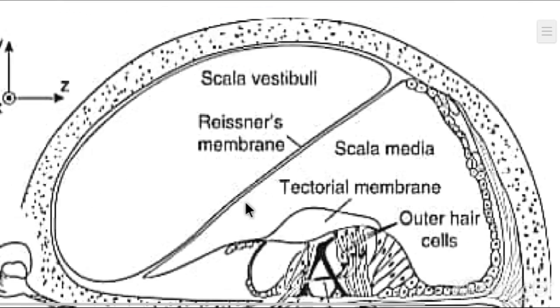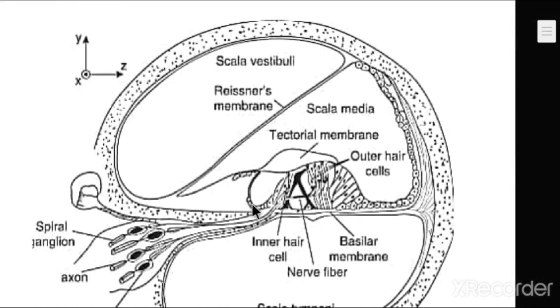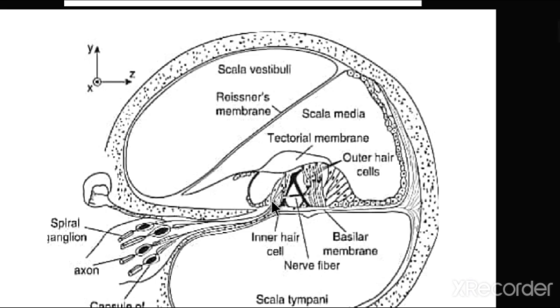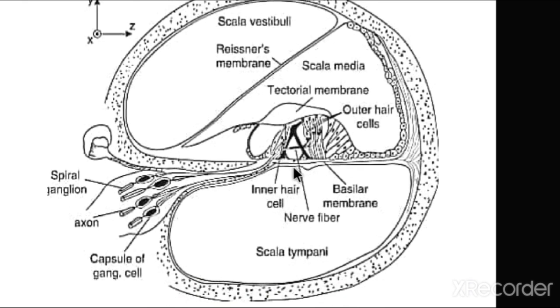So let's start with anatomy. This is the anatomy of the cochlea, which is generally circular in shape. This is the cross-sectional view of the cochlea, and here we also see how the Meniere's disease mechanism occurs. The cochlea has three compartments: this is the scala vestibuli, the middle one is the scala media, and the lower one is the scala tympani.